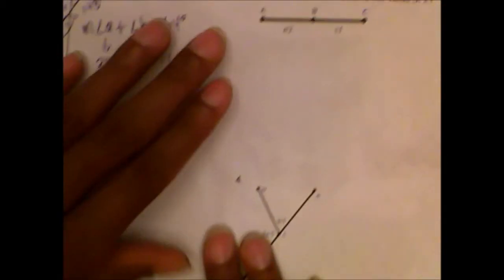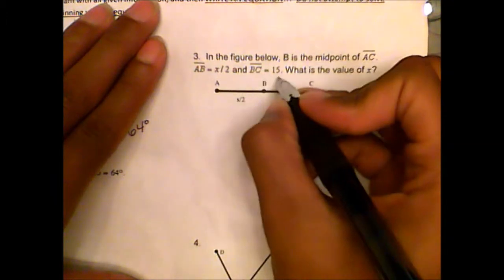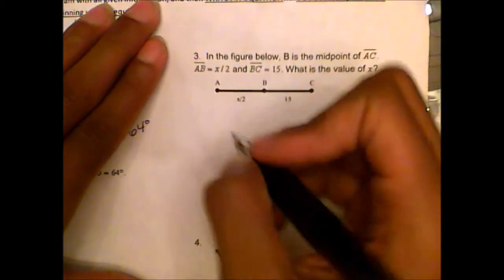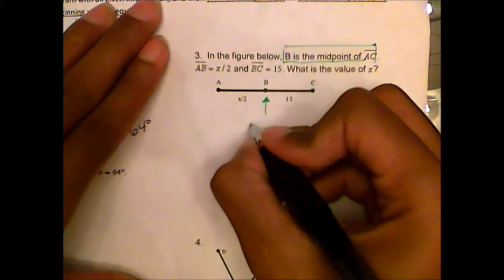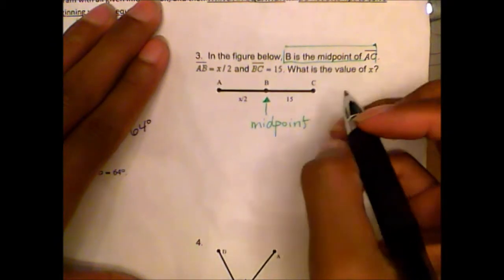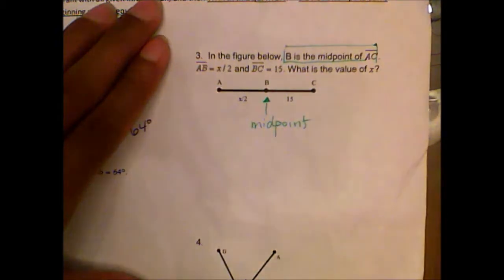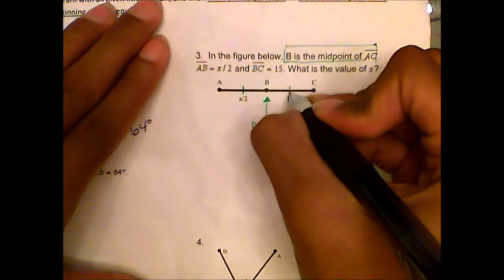Okay, question number 3. In the figure below, B is the midpoint of line segment AC. AB is equal to x over 2, and BC is equal to 15. So again, take this information and label your diagram. The first bit of information is that B is the midpoint of AC. So I'm going to label B as the midpoint. By the definition of midpoint, a midpoint cuts a line segment in half, so AB has to be congruent to BC.